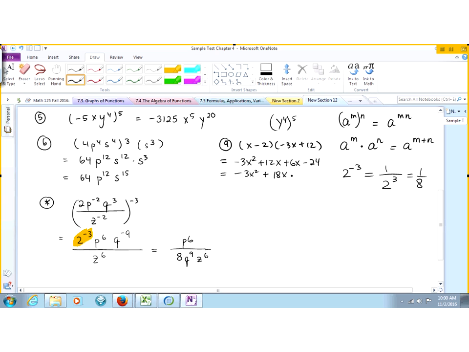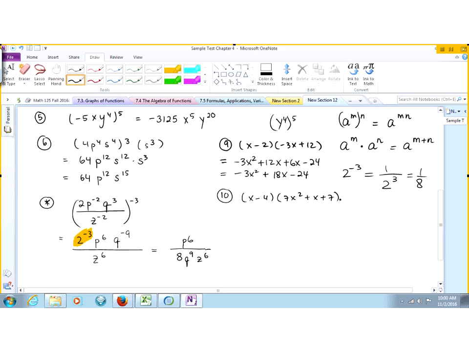So -3x squared plus 18x minus 24. Done. Good. So now number 10. X minus 4 times 7x squared plus x plus 7.